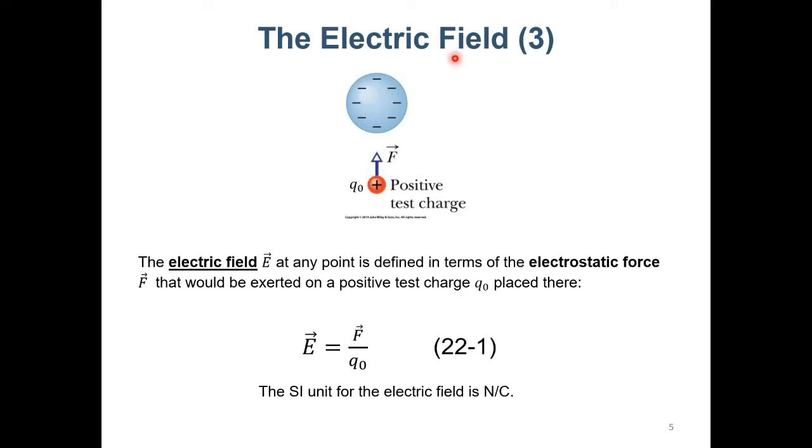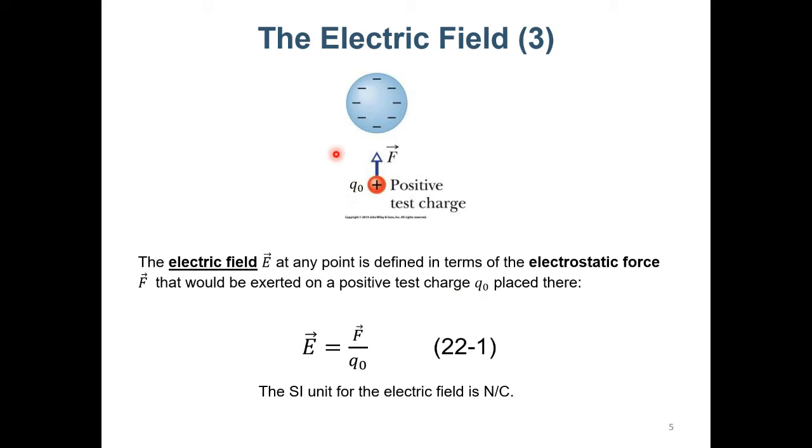So here we define the E field at any point in terms of the electrostatic force, or the Coulomb's force we learned in the previous chapter, that would be exerted on a positive charge Q0.